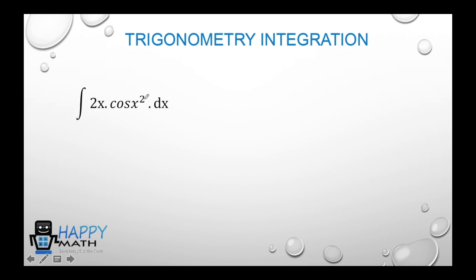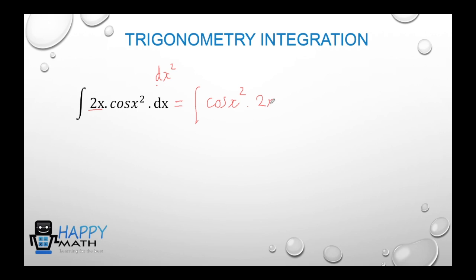And we continue with this function. This may be more complicated, but believe me, it's not too complicated. You see that the main function of the cos x here is x power 2. So you need to change dx to become d of x squared. You see that the 2x is here, so change the position.